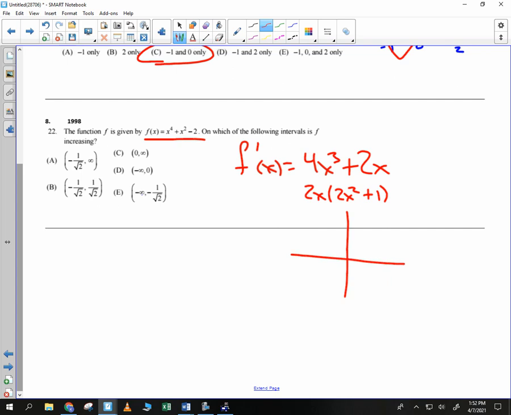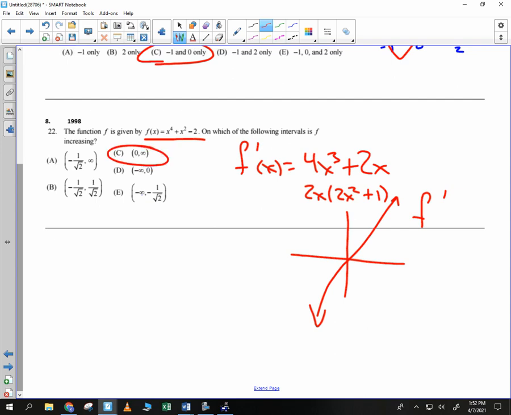Would everybody agree that there's no solution there? That would be imaginary. Would everybody agree that the solution there is 0? So the graph is going to look something like that. This is f prime. So when is f prime positive? Over what interval? 0 to infinity.